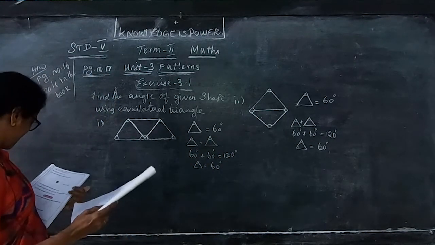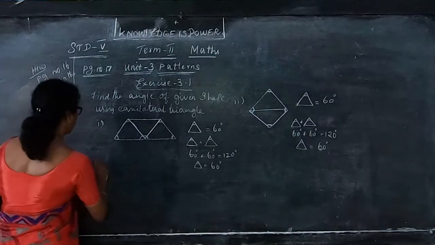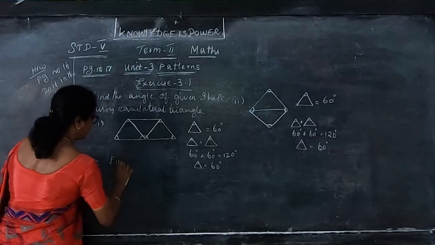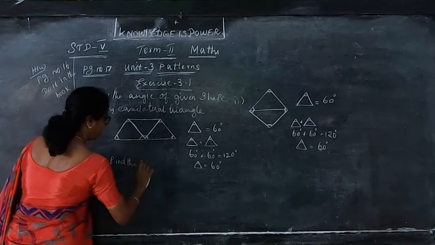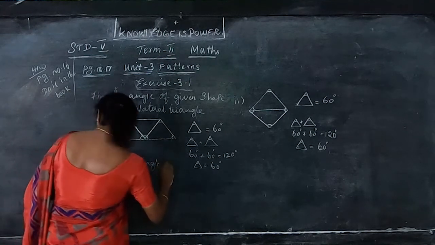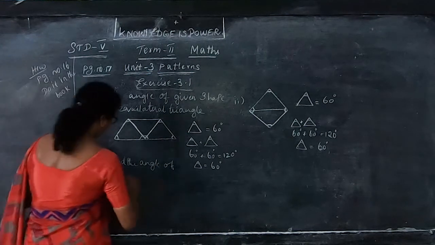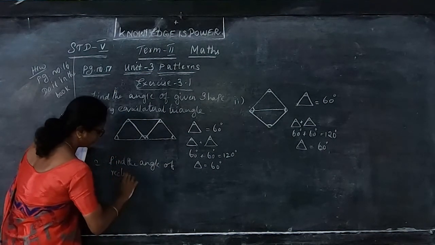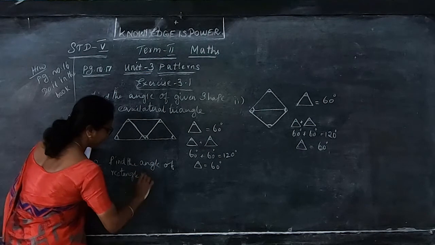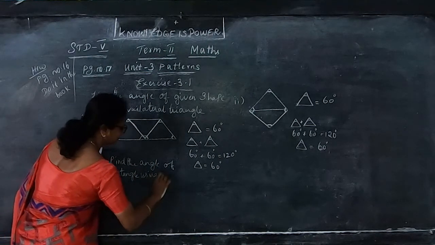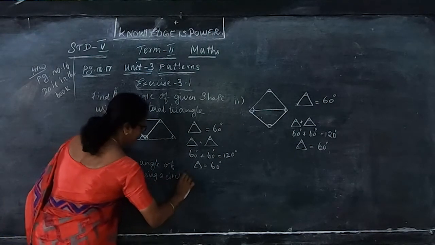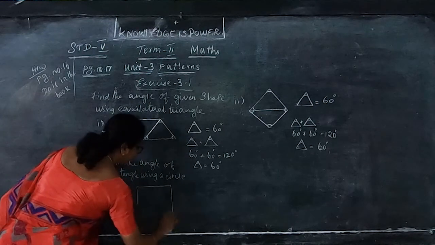Okay children. Then find the angle of the rectangle. Sum number 2. Find the angle of the rectangle using a circle. So you can put it like this.